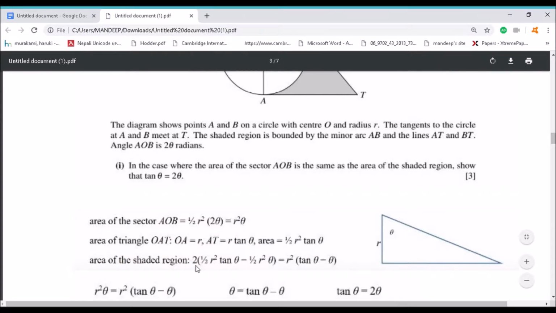The area of the shaded region is 2 times 1 over 2 R squared tan theta minus 1 over 2 R squared theta, which equals R squared tan theta minus theta.